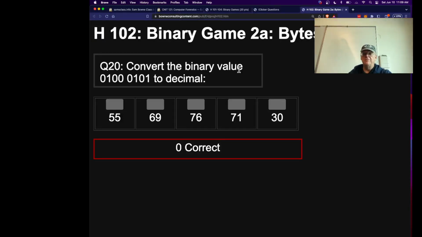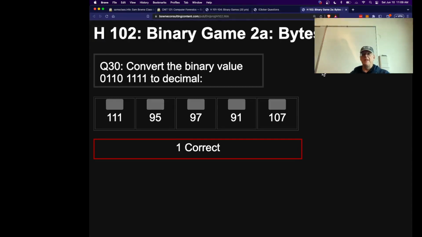And you might have to scribble on a piece of paper or something to get it, at least at first. 69. Because this is 128, this is 64s. So it's 64, and this is 5. 101. So 64 plus 5, 69, exactly. So this is 69. Okay, how about that one?